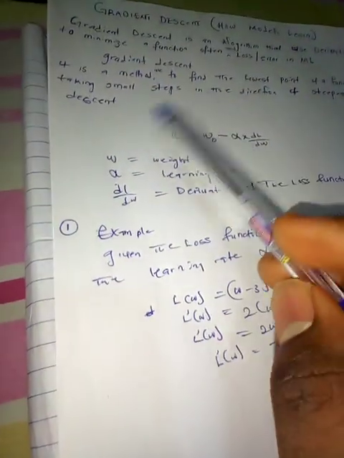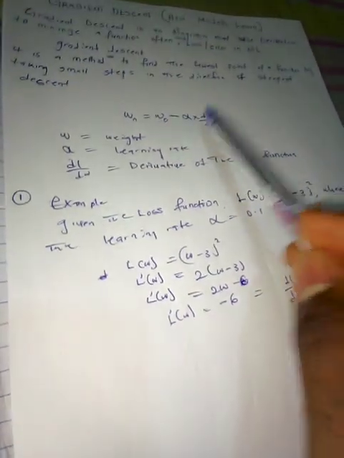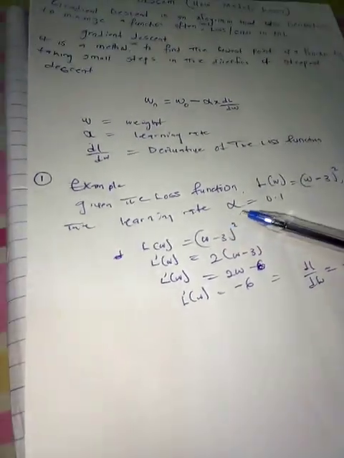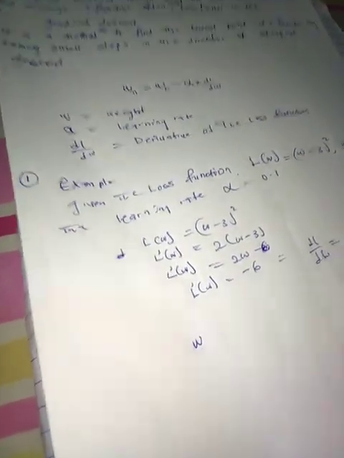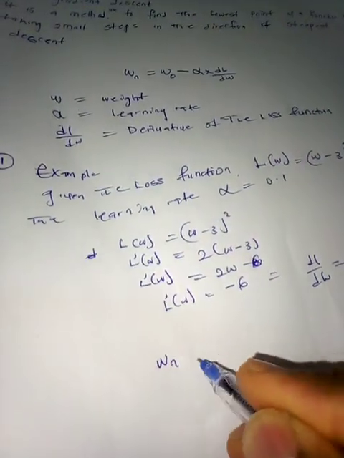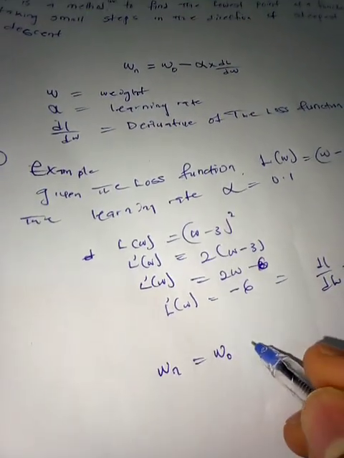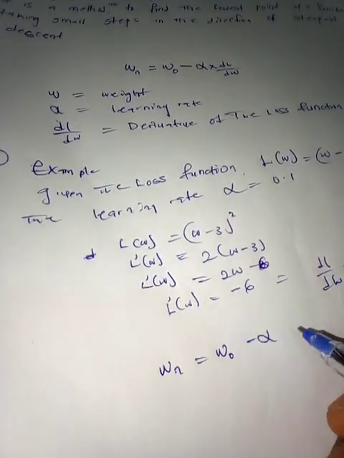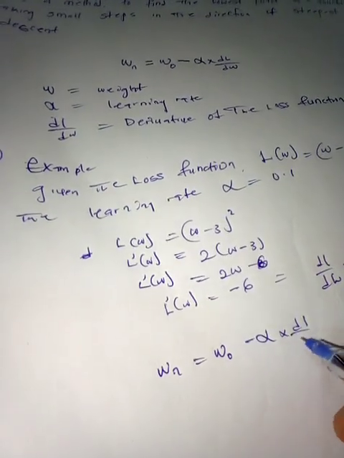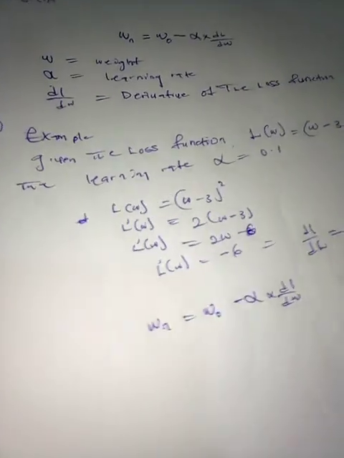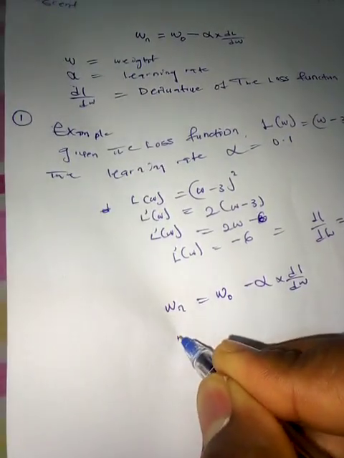Let's use this formula to get the gradient descent of this particular function. Remember, we're looking for the new weight. W subscript n is equal to W subscript o minus alpha multiplied by the partial derivative of L over W. This one remains the same.